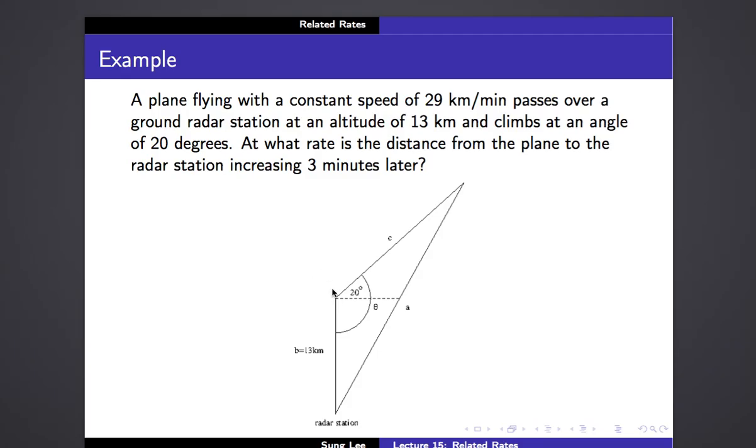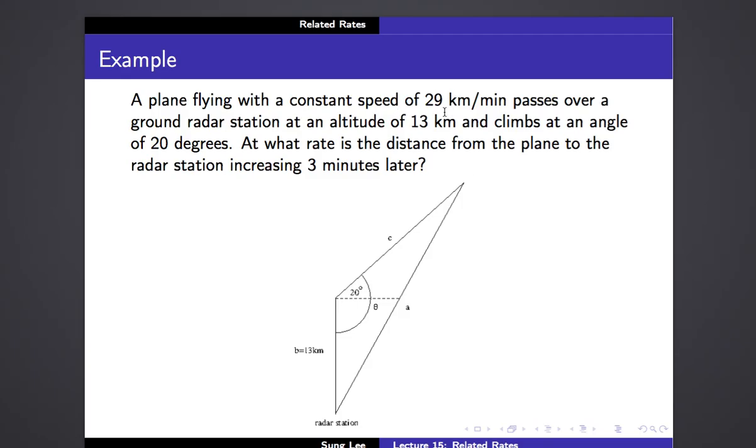So we know dc/dt, how fast the plane is flying at the moment, at a constant speed of 29 kilometers per minute. And c is how far the airplane flew after passing the radar station. So how do we calculate that?